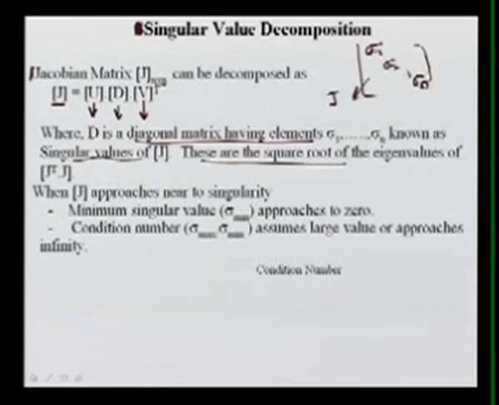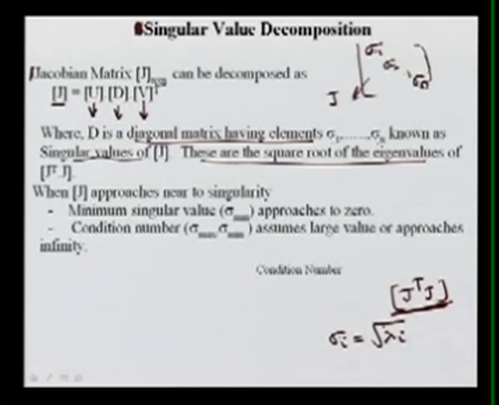Instead of going through all this, we can also determine sigma 1 and sigma 2 by forming another matrix, J transpose J, which you can say is the square of J. If you compute the eigenvalues of this complete matrix, not of J, call them lambda i, then the square root of these eigenvalues is your sigma i.